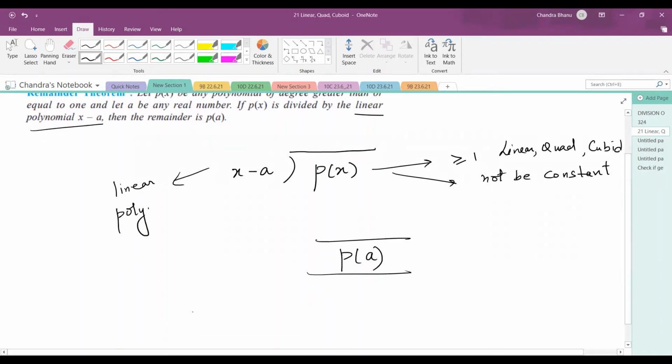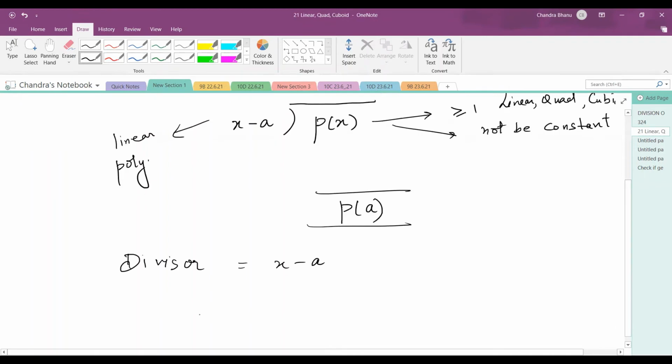So how to calculate this p(a)? Actually, my divisor is x minus a. And we all have learned to find the zero of a polynomial. How do we find the zero of a polynomial? We put it equal to 0. So if I try to find the zero of the divisor, what is the zero of the divisor here?